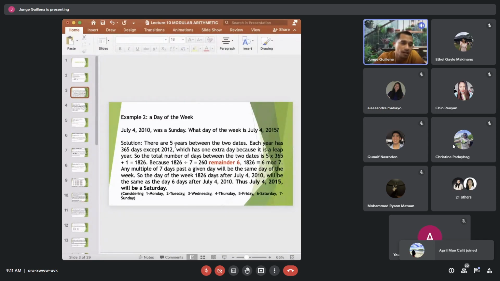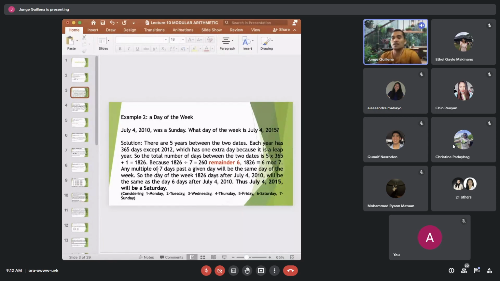But if you have knowledge in modular arithmetic, we can solve it arithmetically. Of course, there are 5 years between the two dates, July 4, 2010 and July 4, 2015, and each year has 365 days, except 2012, which has one extra day because it is a leap year.